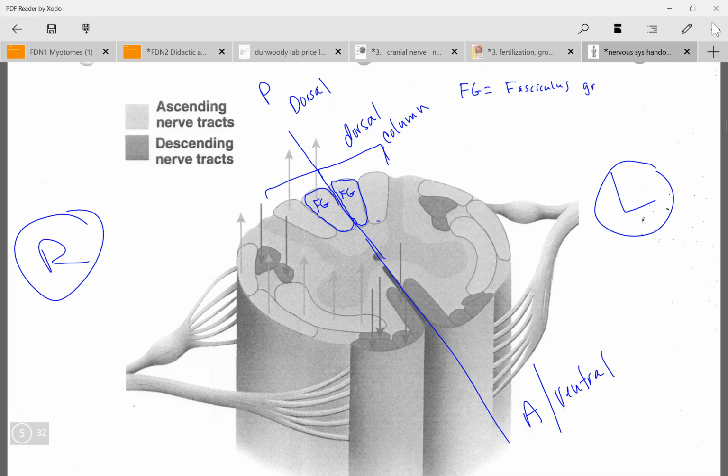Fasciculus gracilis. During the lecture stuff, I refer to them as FG, but that is the fasciculus gracilis. That's the name of that particular tract.